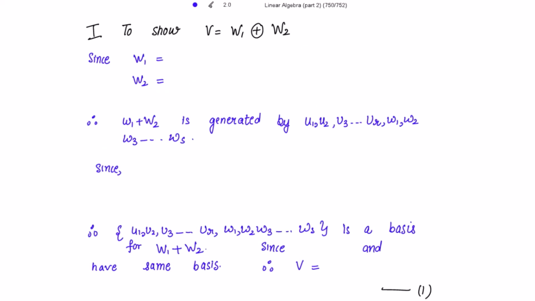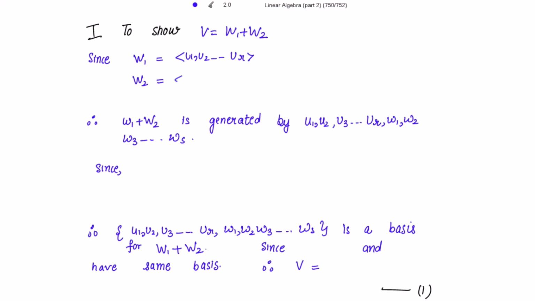For the direct sum, to show that V is a direct sum of W1 and W2, first we have to show that V is equal to W1 plus W2. First I'm showing this. Since W1 has the basis U1, U2 up to UR, which means U1, U2 up to UR span W1, these are the generators of W1.